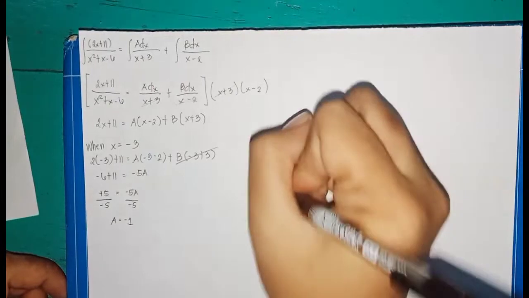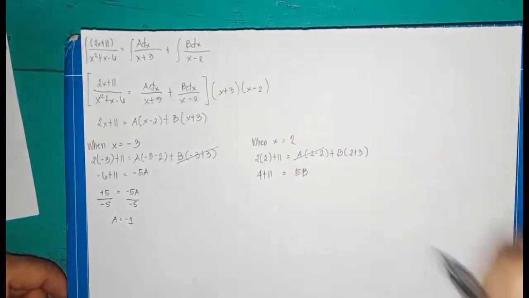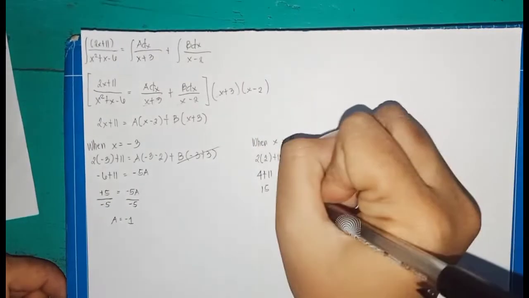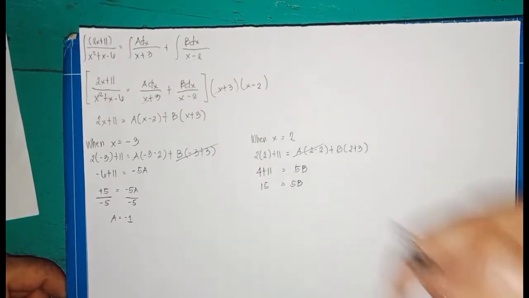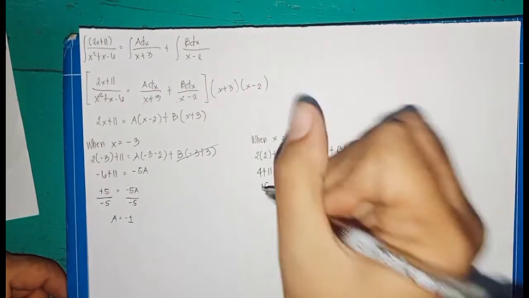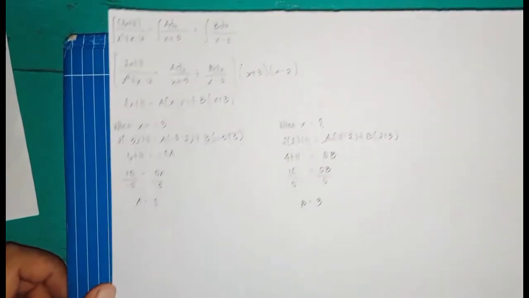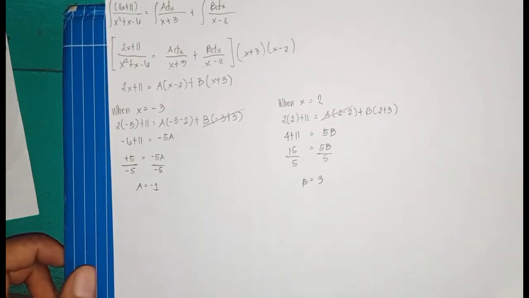So this will be 4 plus 11 is equal to 5B, because 2 plus 3 is 5. So this will be 15 is equal to 5B. So to get the value of B, we need to divide by 5. So our B will be 3. Okay, so let's integrate it to get the final answer.